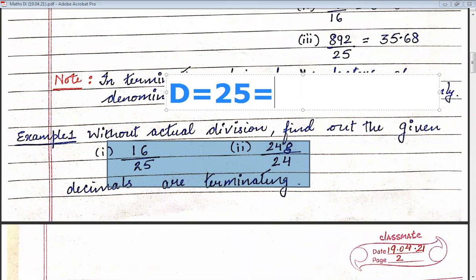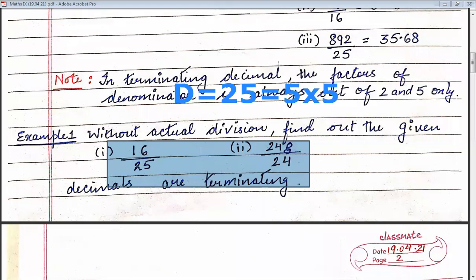It is 5 into 5. You have only one prime factor, that is 5. So it means the first fraction is a terminating decimal. Why? Because the denominator has only the factor 5.